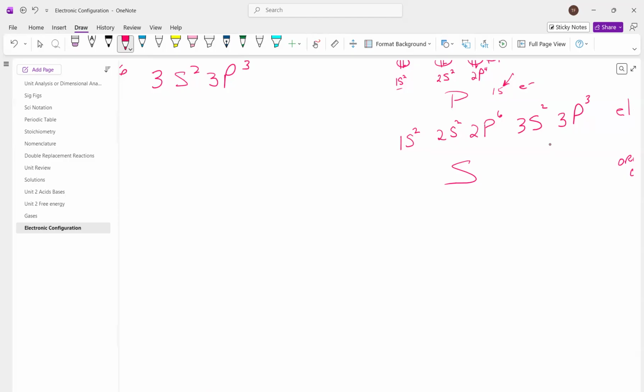Sulfur should be great for humans to be able to read that.